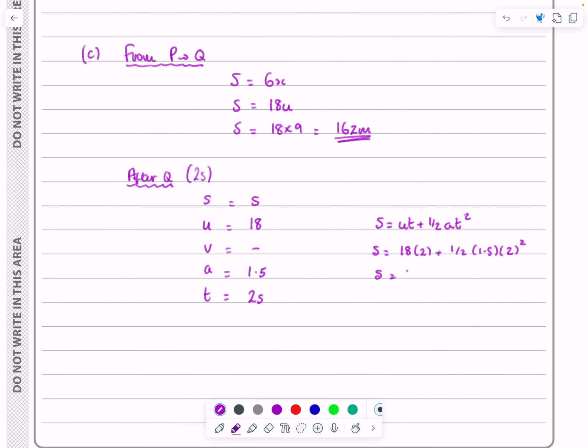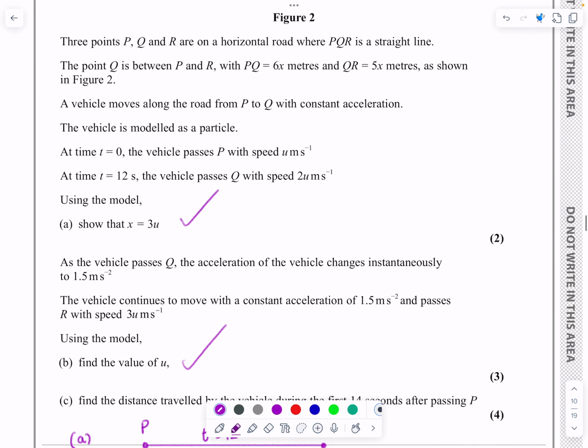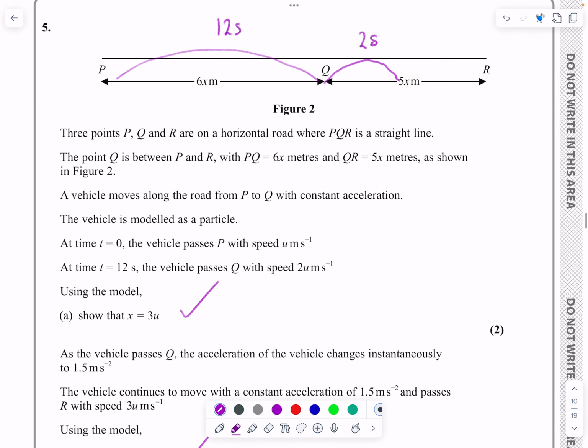It works out to be 39 meters. So the total distance travelled is 162 plus 39, which works out to be 201 meters.